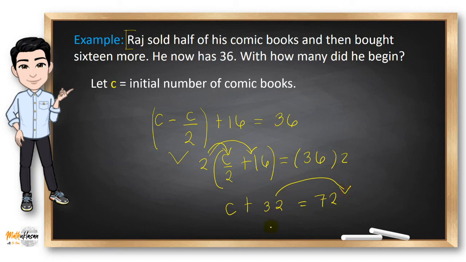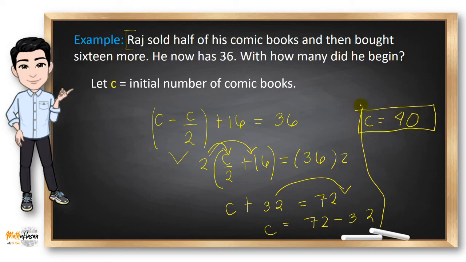Transposing this value will give us C equals 72 minus 32. 72 minus 32 is 40. So C equals 40. The reason that I multiplied 2 on both sides of the equation is for us to get rid of this denominator.